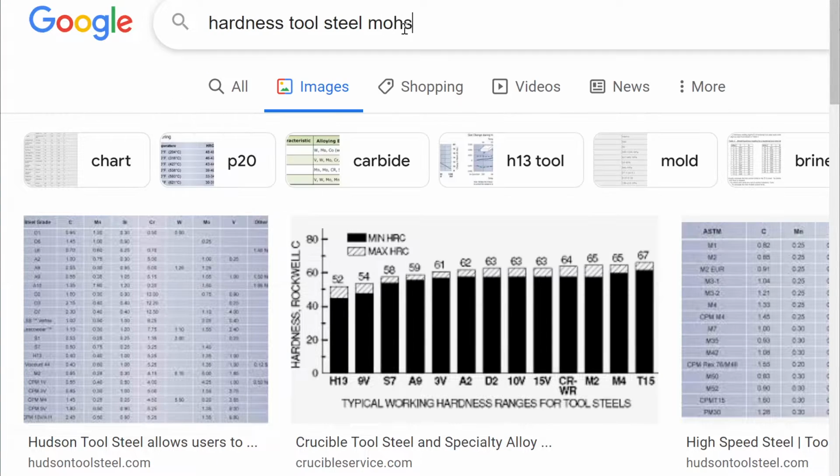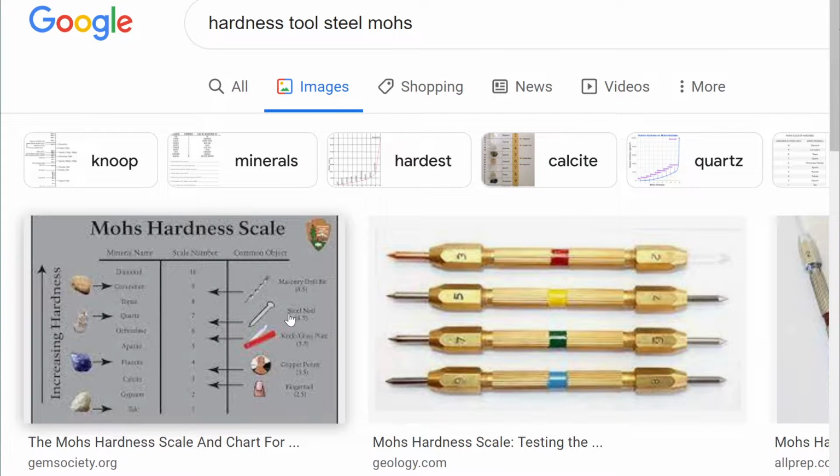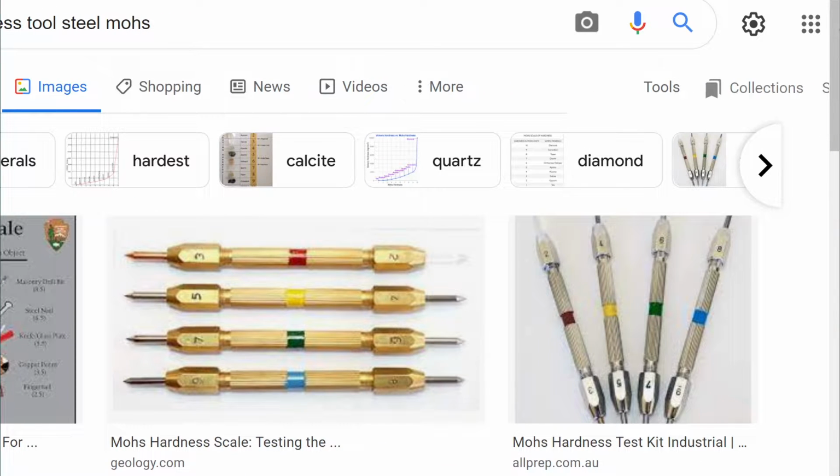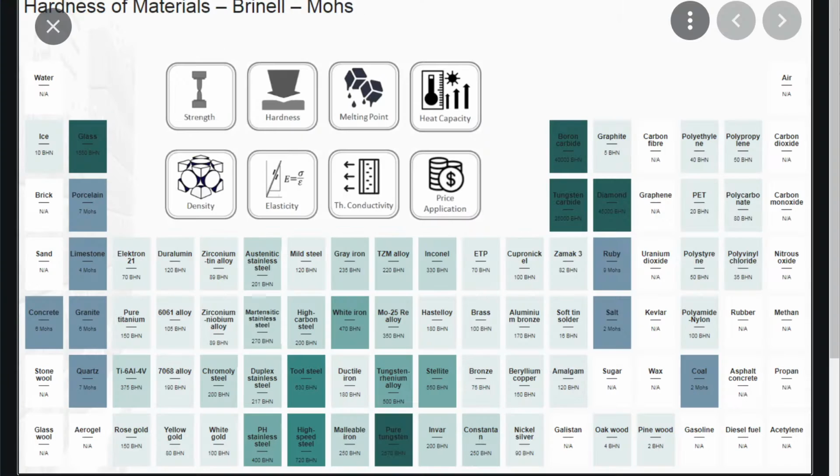Now, I don't really like Mohs hardness, but it's so apparent to people. It makes a lot of sense that it's easy for us to relate to. But here we have steel, so mild steel might be as low as 4.